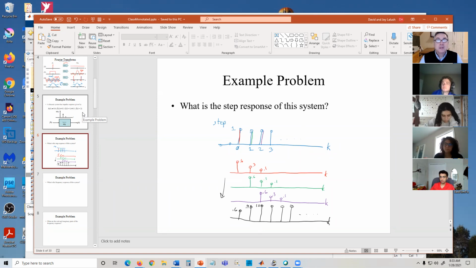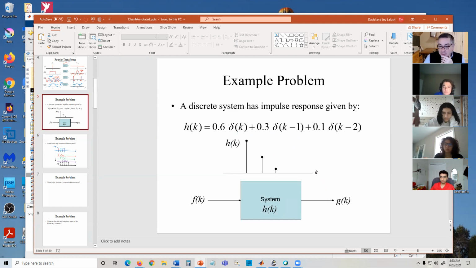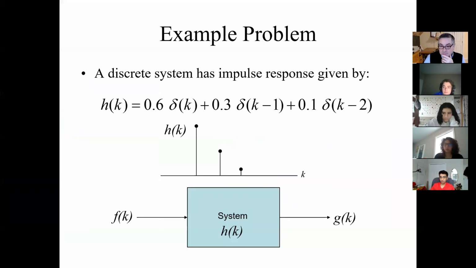Okay, then I'm going to pick up from where we left off here. And so that was this very simple discrete system that basically says if we put a delta function in, we're going to get out basically 3 points of that are decreasing like this.